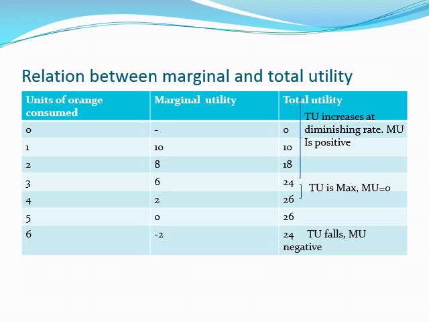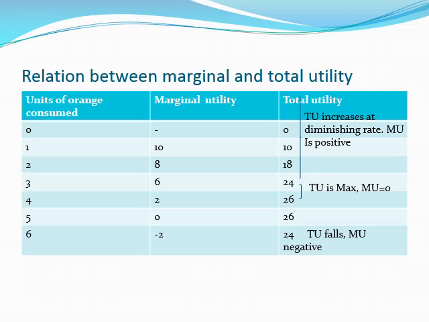Relation between marginal and total utility. Given 6 units of orange, marginal utility and total utility. The first unit gives marginal utility equal to total utility equal to 10 utils.